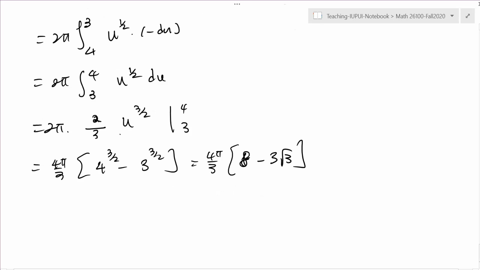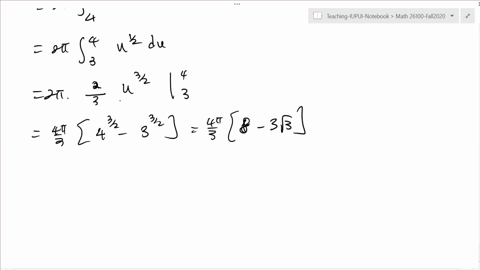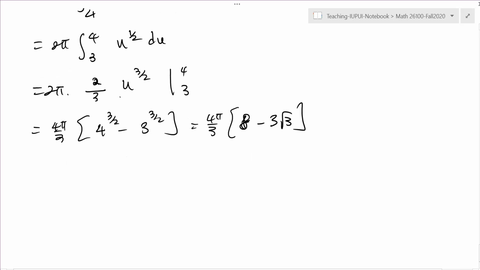That's my opinion. If you know how to set up iterated integrals, you don't even need to mention cylindrical coordinates; you just use polar coordinates after you set up the iterated integrals.